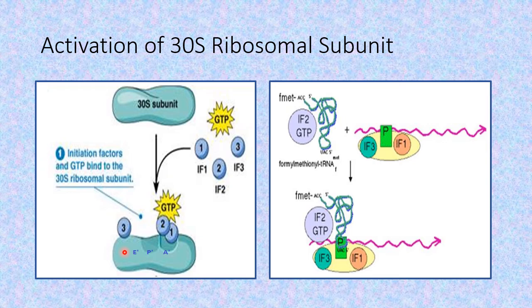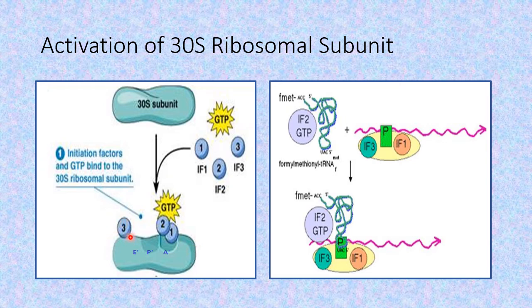Now this IF3 activates this ribosome, which is comprised of 2 subunits, the small subunit and the larger subunit. Now, in the cytoplasm, the ribosome is in the form of the 70S ribosomal entity.